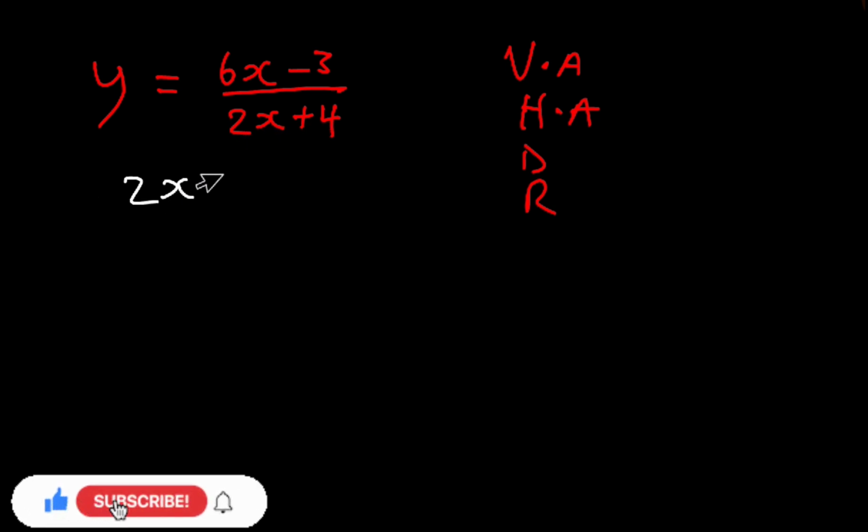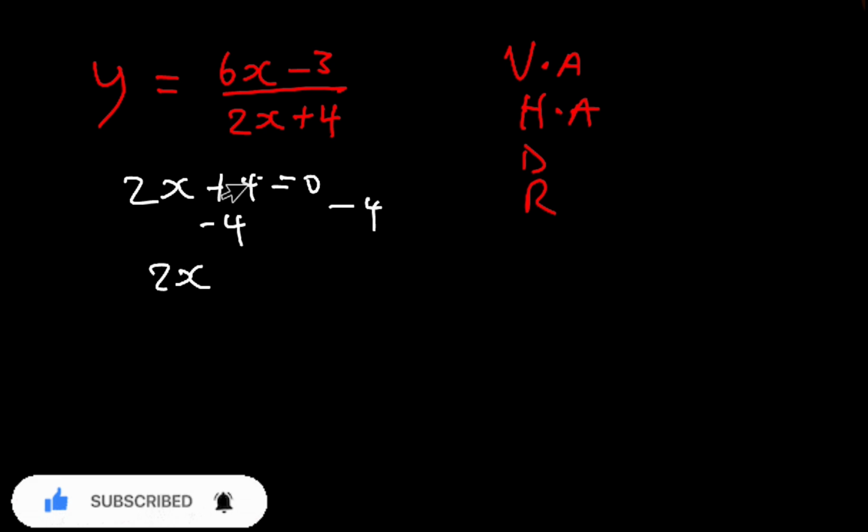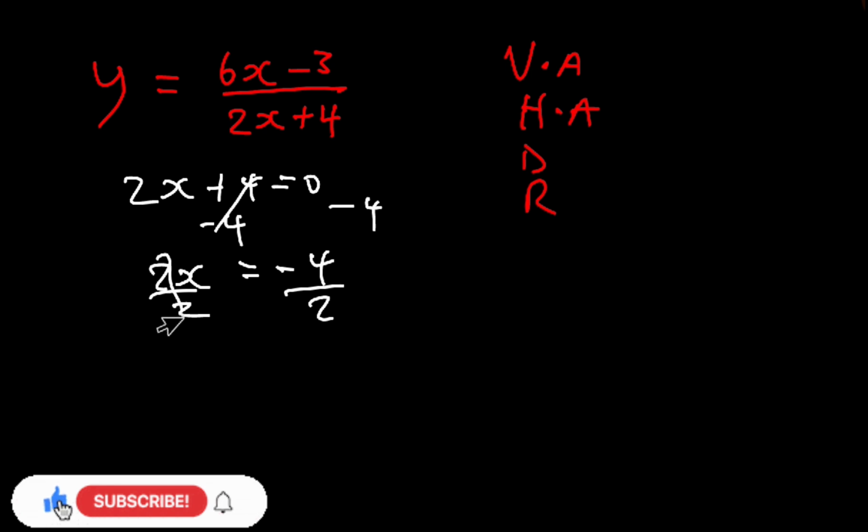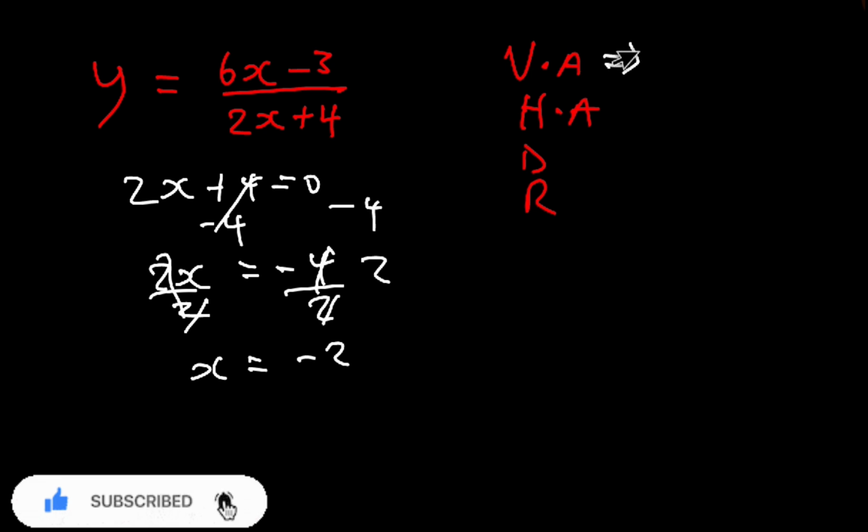You have 2x plus 4 is equal to 0. If you subtract 4 from both sides, you have 2x is equal to 0 minus 4, which is -4. If you divide both sides by 2, you have x is equal to -4 divided by 2, which is -2.